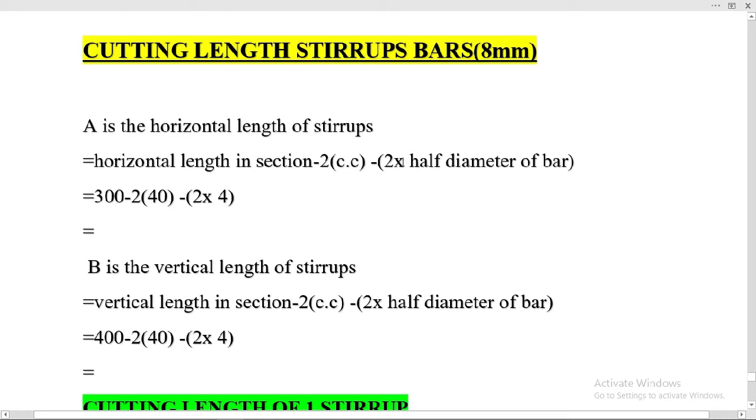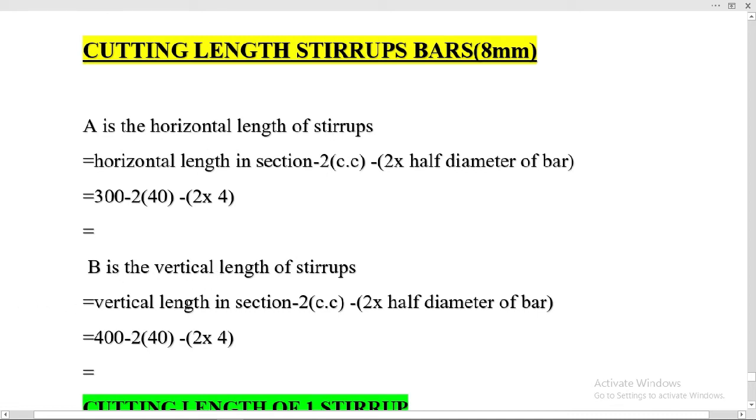In the formula we take the half diameter of bar, because we go from center to center, that's why we multiply with 2 and the half diameter of bar. So minus 2 into 4, half diameter of 8 millimeter, half will be 4, so that's why we put it. Let me show you what is horizontal length and B is the vertical length.